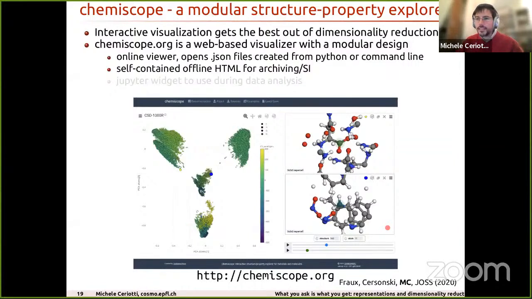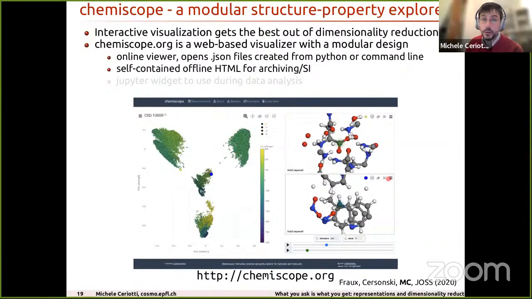I'm getting to the end of the talk, and before I conclude, I also want to make a short advertisement for Chemiscope. This is a tool that we're using a lot to explore these low-dimensional maps. It's basically a portable JavaScript implementation that combines a map and one or more structure visualization panels.